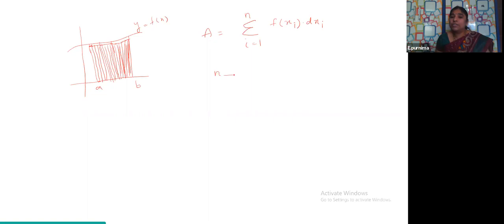As n tends to infinity, as n approaches infinity, meaning an infinite number of rectangles, then what is the sigma i is equal to 1 to n f of xi into dxi? It is the sum of the areas of all the rectangles, where n approaches infinity.